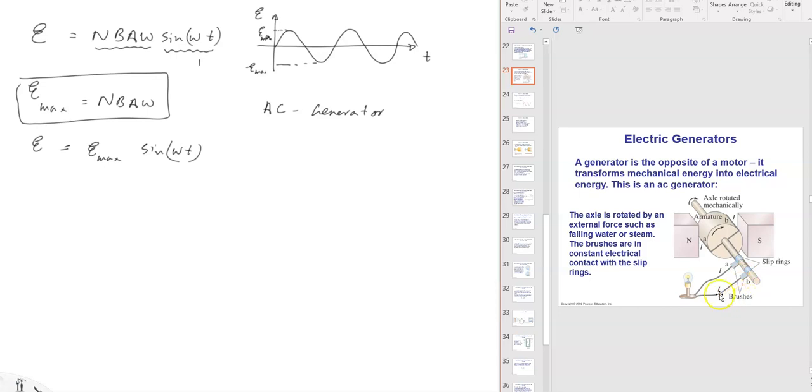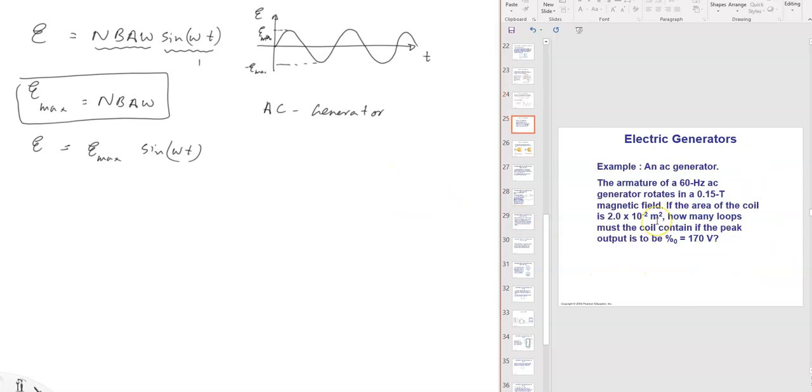And then these brushes. The brush is in contact, it's touching these rings, right? So the ring can rotate, but electricity can still pass to the brushes, goes in the cycle. So in one half cycle, the current goes in one direction. The next half cycle, it goes in the other direction. That's why we call it AC, alternating.